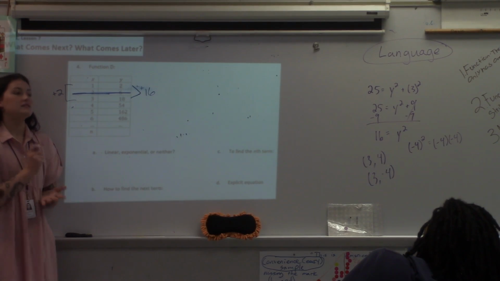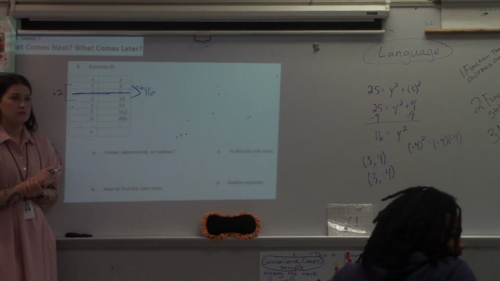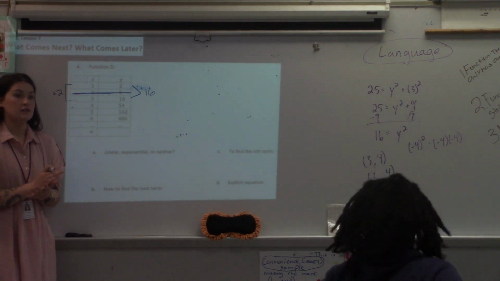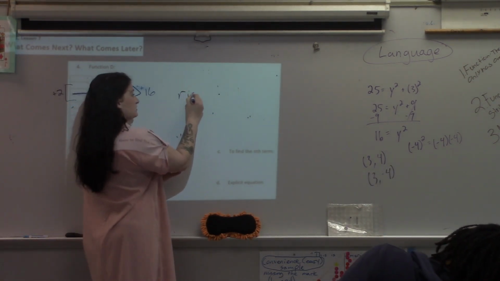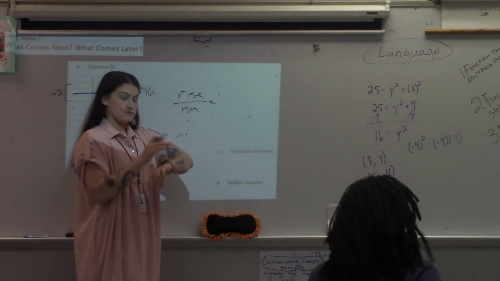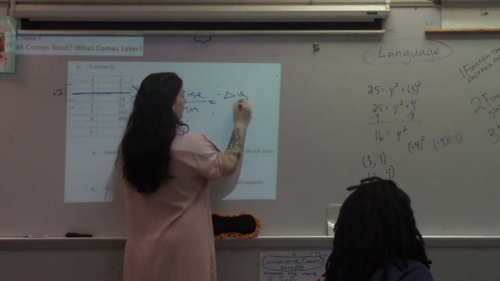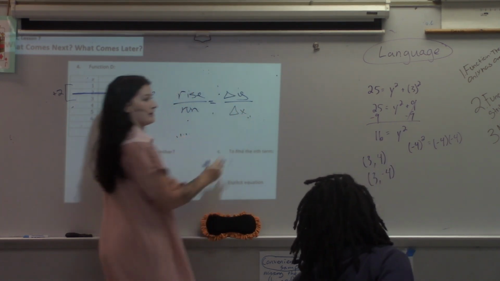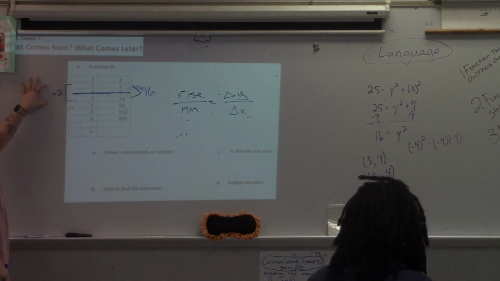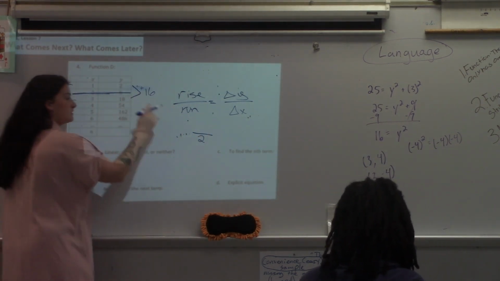Okay, what is slope? Guys, what is slope? Rise over run. Or what else did we talk about? The change in y over change in x. Okay? What is our change in x here? 2. What is our change in y? 16.